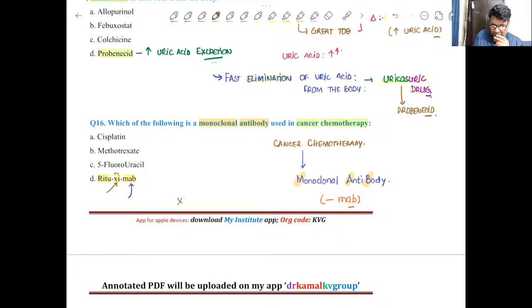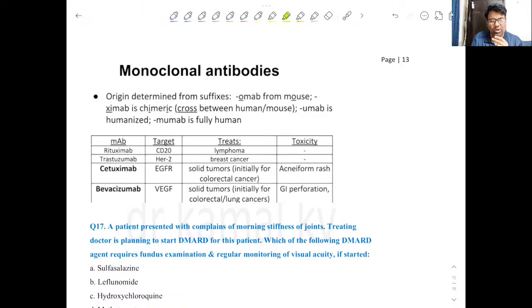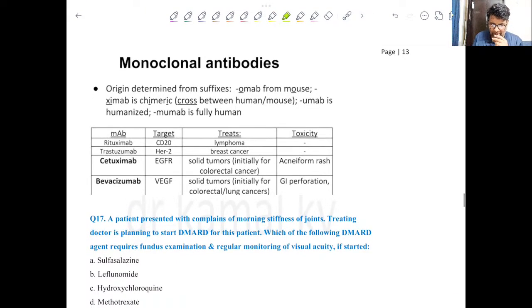Now ximab means chimeric. So ximab means chimeric, and this is actually mixing up of the mouse and human, right? So if we take the nomenclature of monoclonal antibodies, which is very interesting. So now here MAB. So I think MAB word is clear to all.